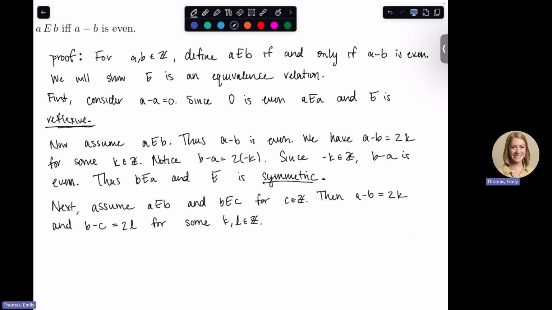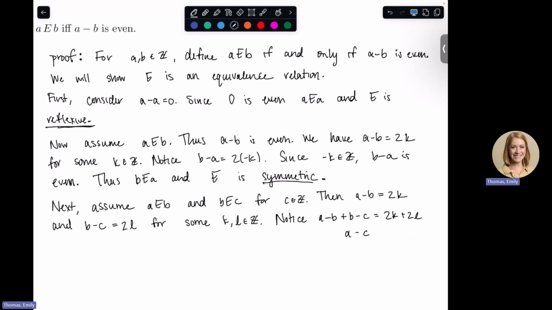Okay, then, so next, obviously, clearly, look, observe. Notice A minus B plus B minus C is equal to 2K plus 2L.